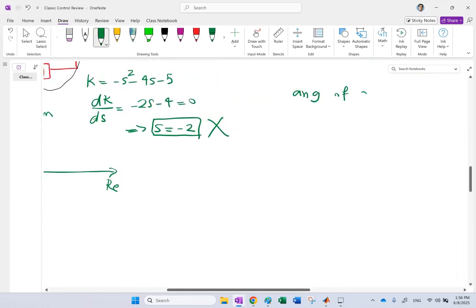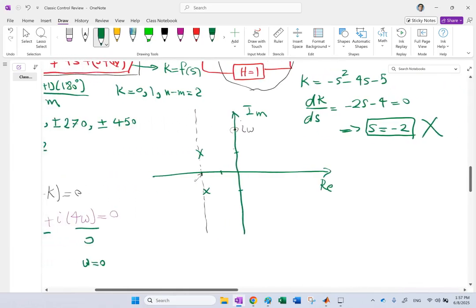So the angle of departure from a pole is equal to 180 minus the sum of the angles from the other poles plus the sum of the angles from the other zeros of the open loop. Now this system has no zeros, that's it.